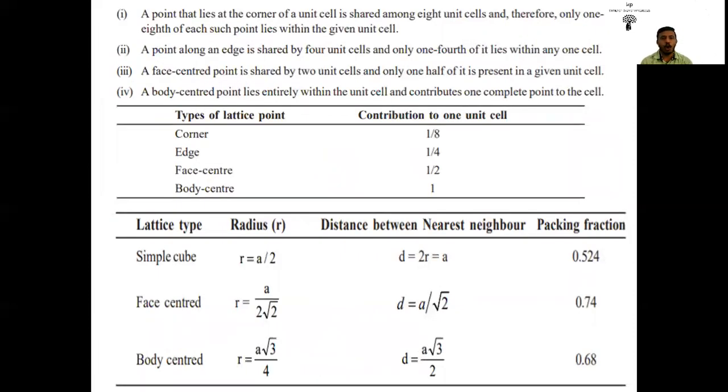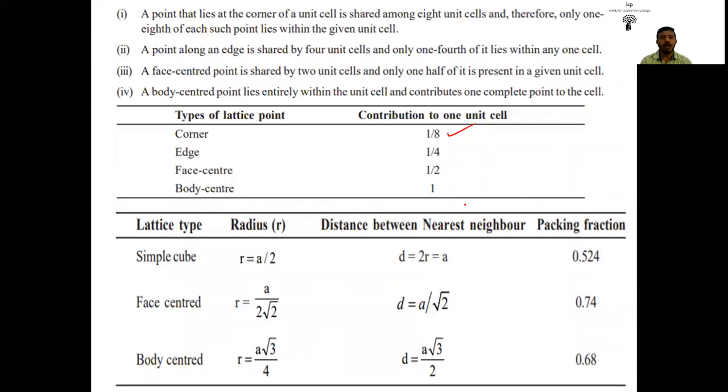Then, a point that lies at the corner of a unit cell is shared among 8 unit cells, and therefore only 1/8 of each such point lies within the given unit cell. Which means each cornered particle is equally shared by 8 different unit cells, hence its contribution is 1/8.